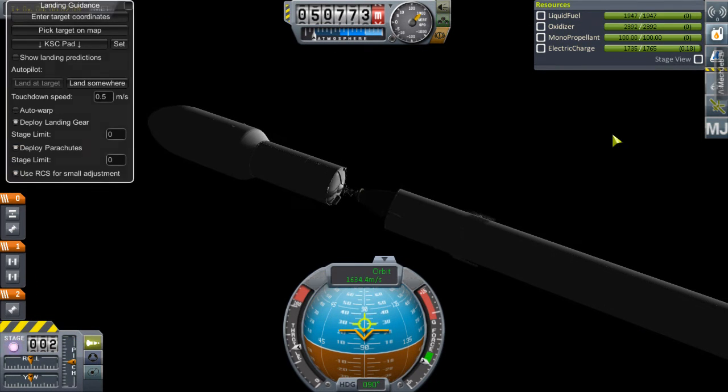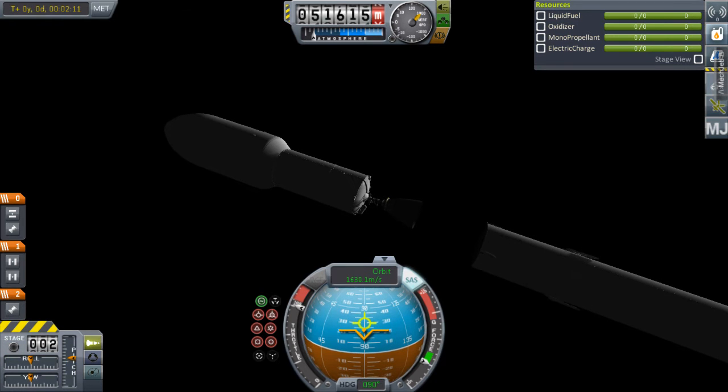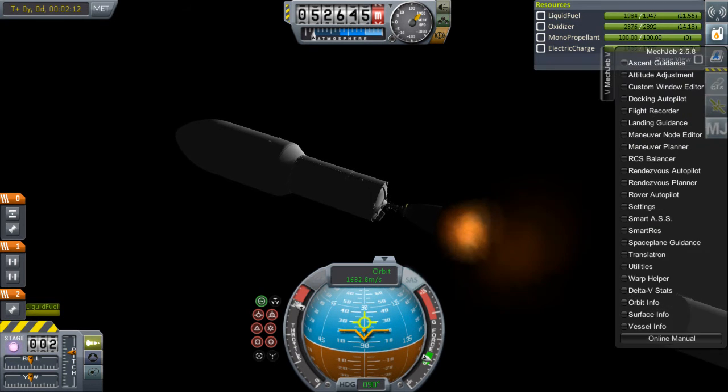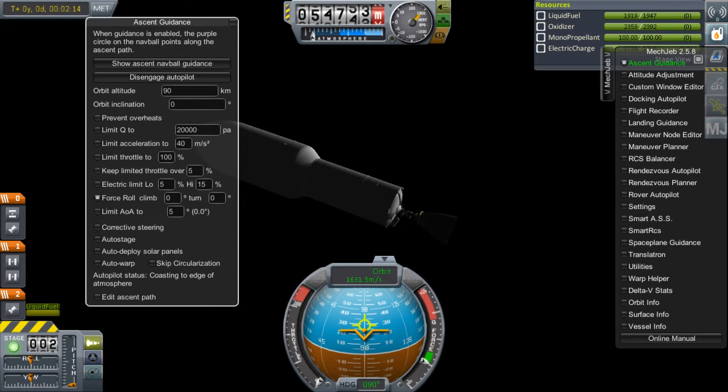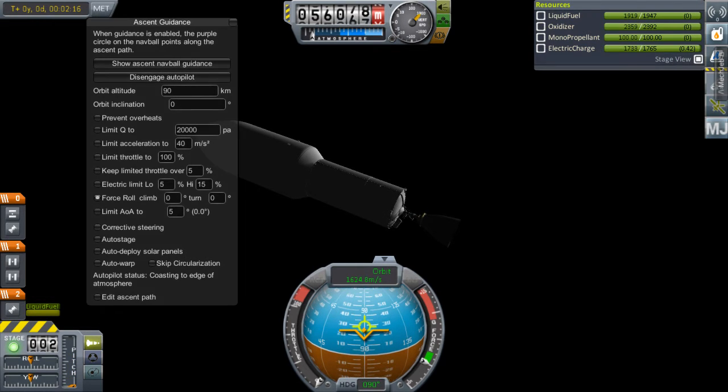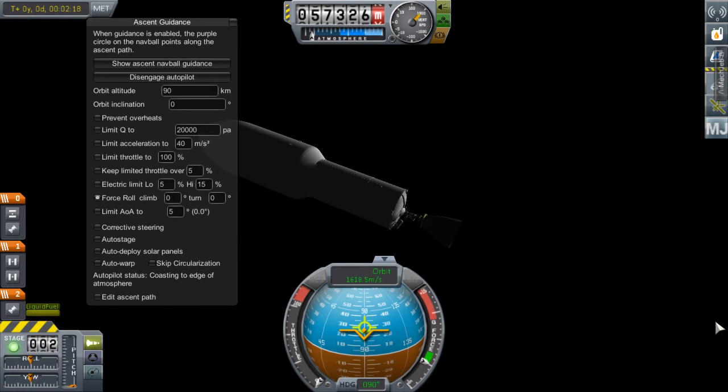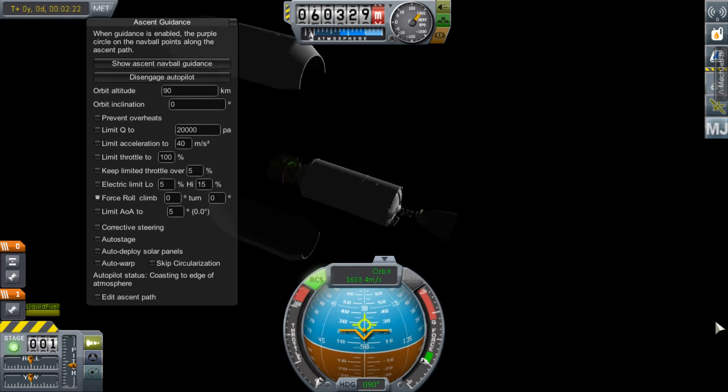Separation. Second stage engaged. Second stage now into the ballistic coast period. Fairing jet.